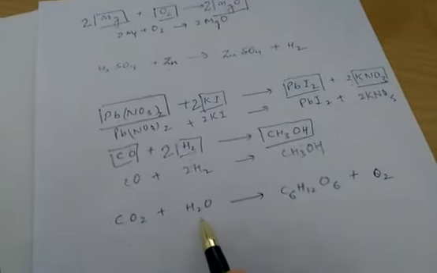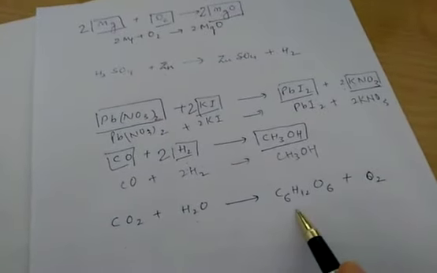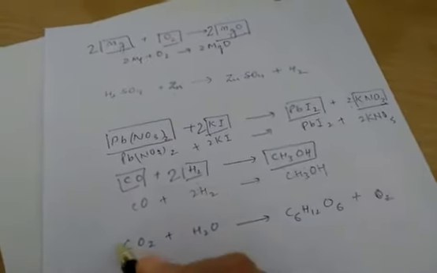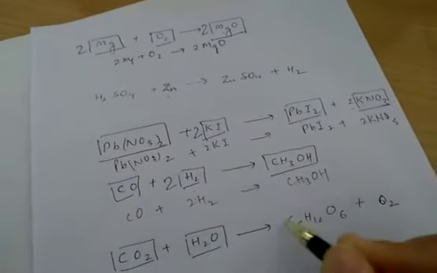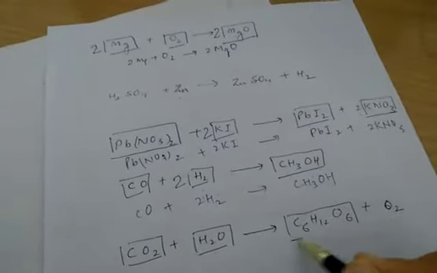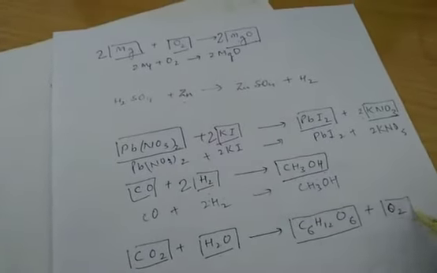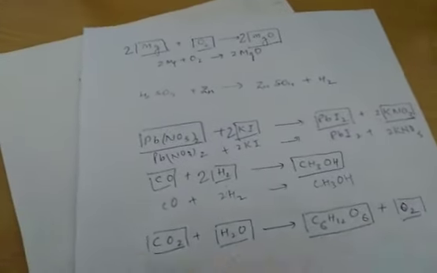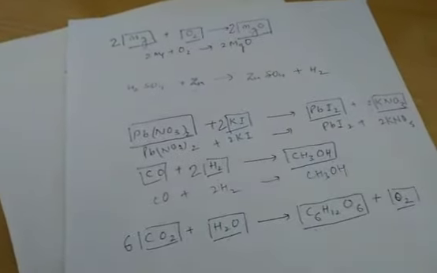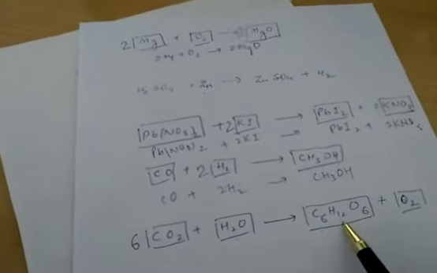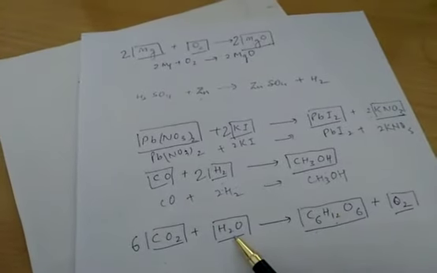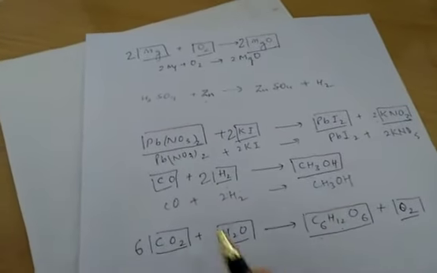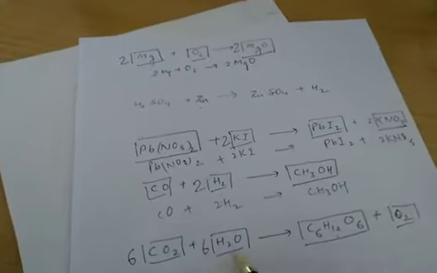Now another skeletal reaction, CO2 plus H2O changes into C6H12O6 plus O2. Encircle all of them. Start with glucose because it has the maximum number of atoms. Carbon 6, so this CO2 should be 6. Hydrogen 12, and hydrogen is coming from the water H2O, so this should be 6. 6 twos are 12.